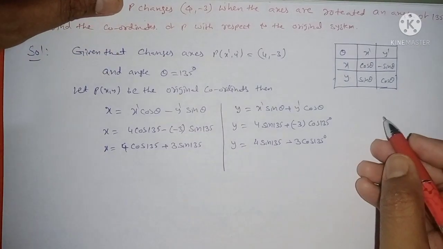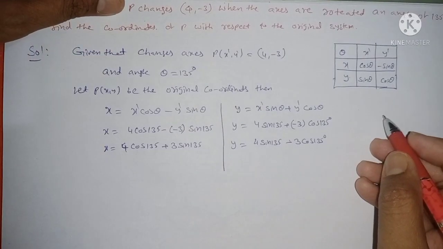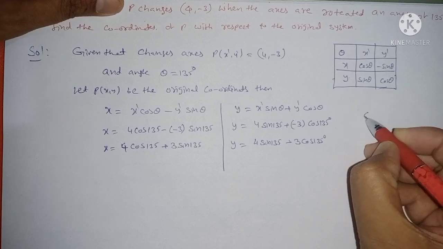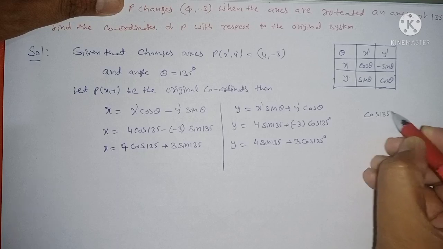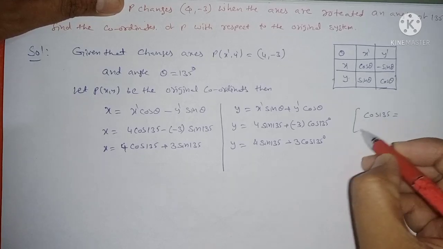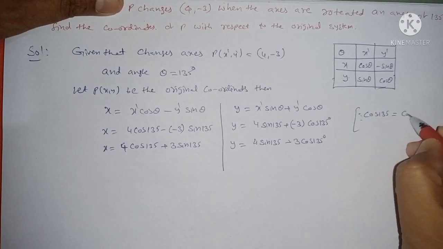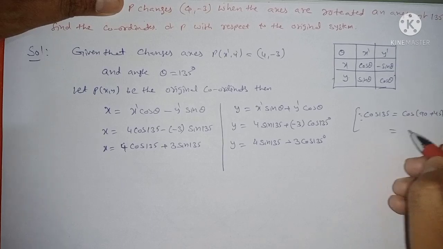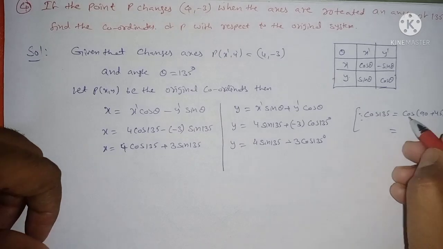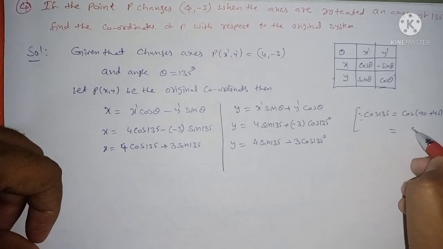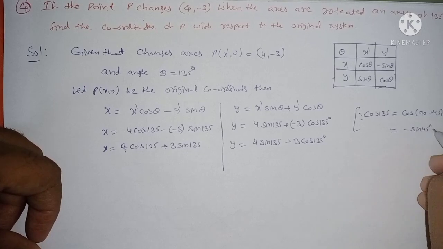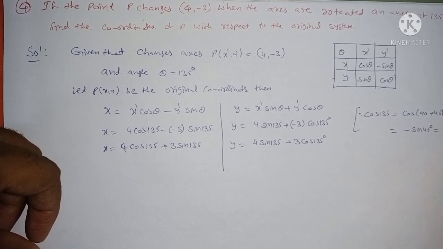How can you find here cos 135 and sin 135? First, cos 135 is cos of 90 plus 45 degrees. Therefore, cos will be changed, 90 means you can write here sin 45 degrees. Second coordinate means minus, that is minus 1 by root 2.